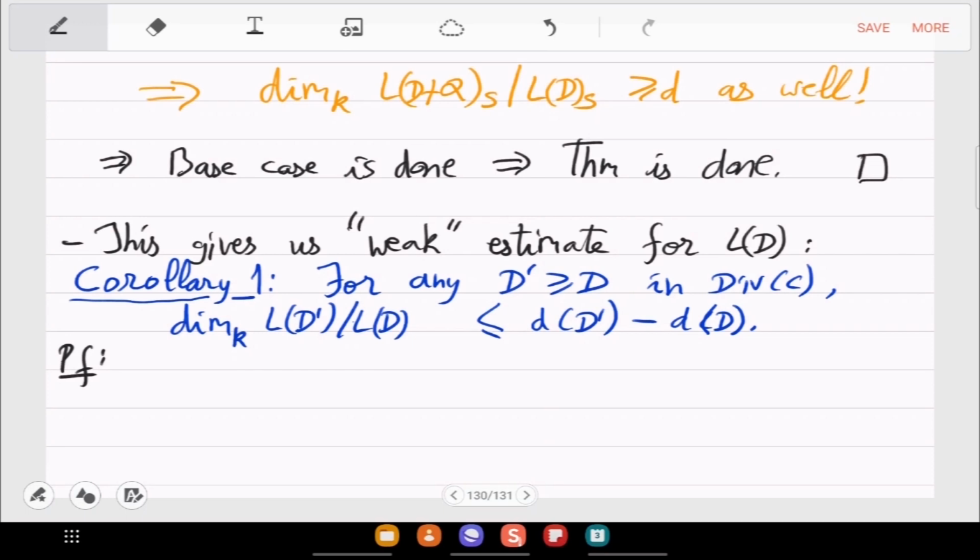It's only an upper bound, while in the theorem we had an equality.